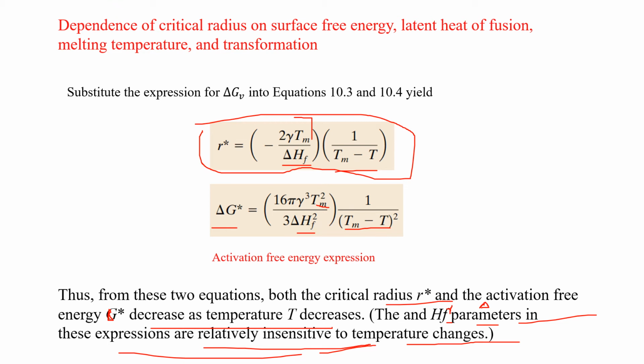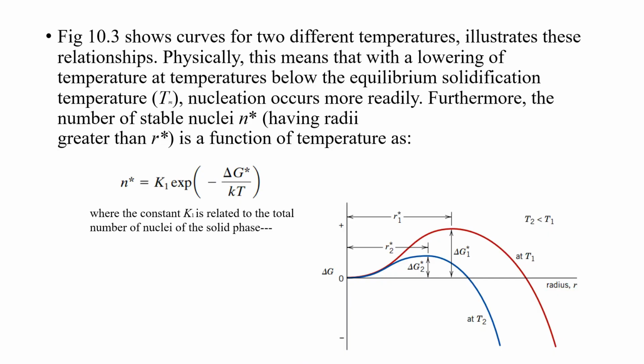Gamma is this one and delta HF is this one. This is figure 10.3, where we want to discuss this with respect to the given equations. This figure 10.3 shows the curves for two different temperatures that illustrate these relationships.